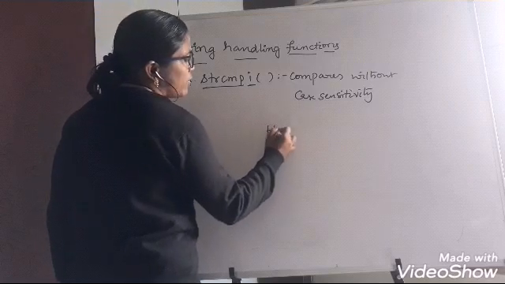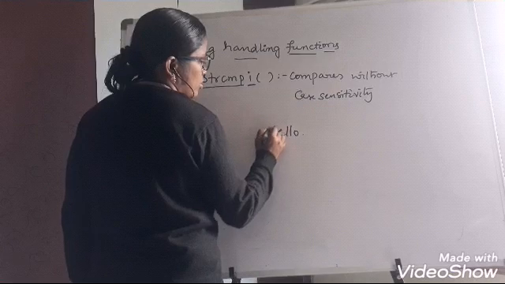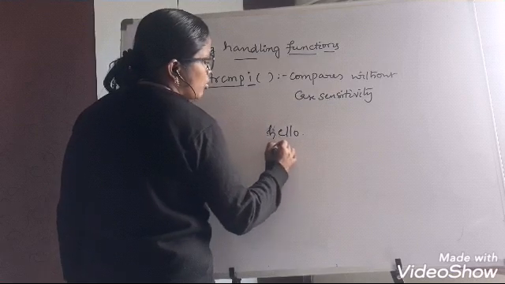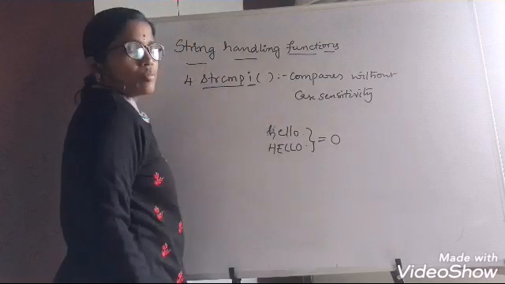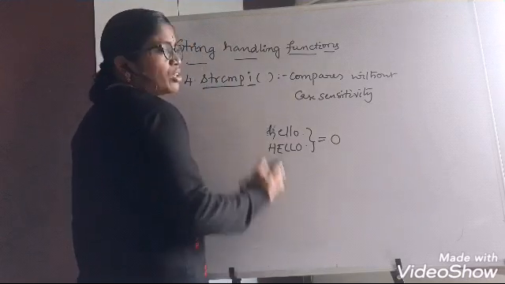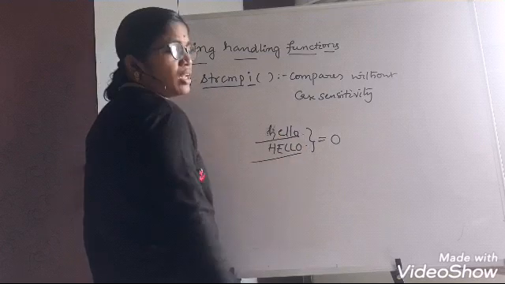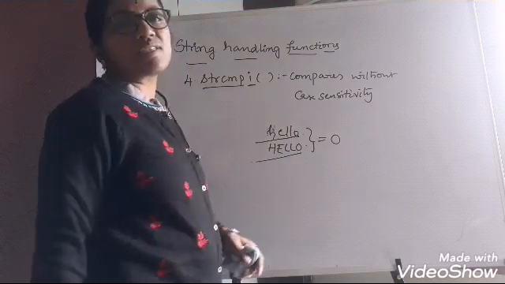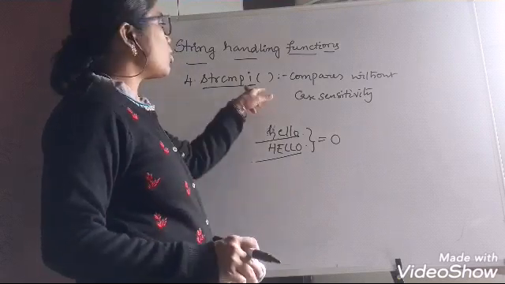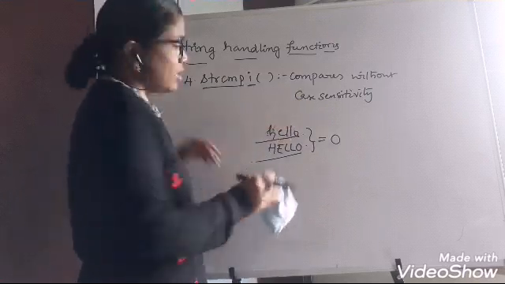Suppose if you have hello or if you have HELLO, it returns 0 because it is not taking care of your cases. This string is in lowercase, this is in uppercase. Without taking care of the cases, it returns 0. I indicates ignoring the cases.